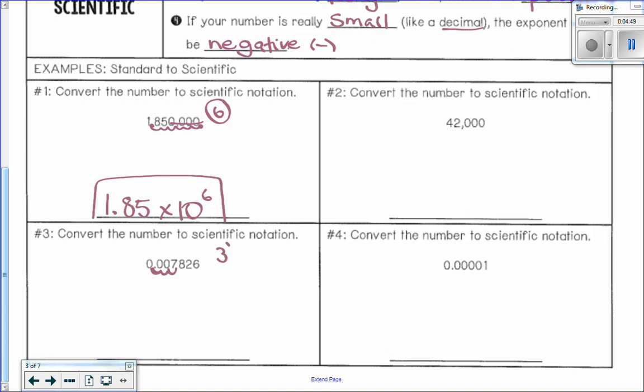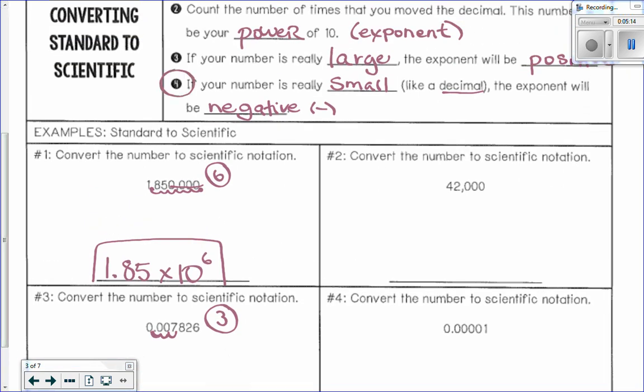We moved it 3 times. So our decimal will be 7 decimal 8 2 6. We drop those zeros, and it's always going to be times 10 to the power of negative 3, because it was a decimal. Good. If we have a decimal, our power will be negative.